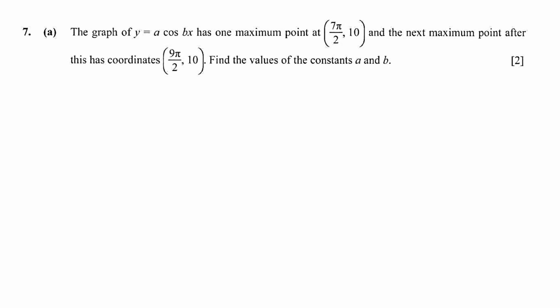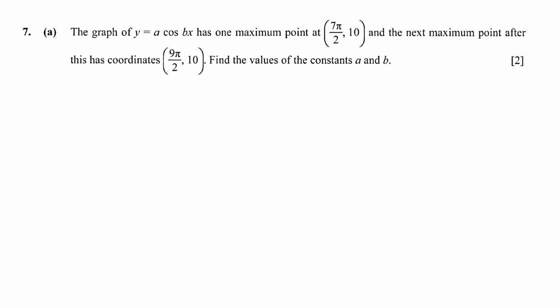Usually if you're asked to find a, which is the amplitude, and b, which is the coefficient of x, they'll give you the maximum and minimum points, and then from there you can find your amplitude. Here is very different. You're just given 2 maximum points, and that's it, and you're asked to find the values of a and b.